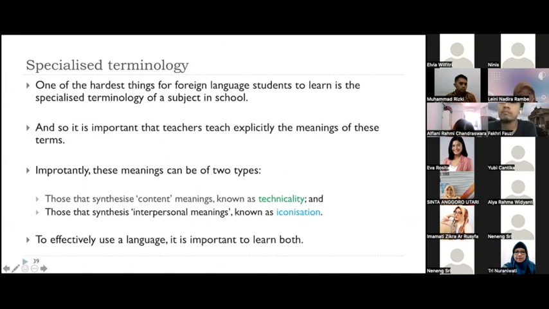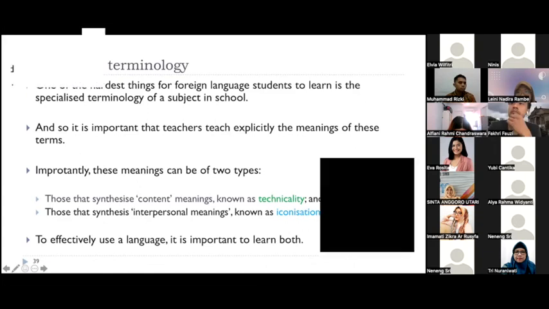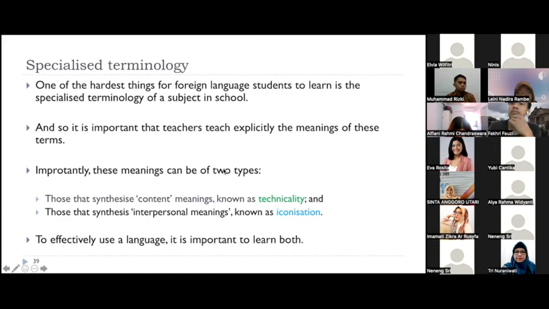As I said, one of the hardest things for foreign language students to learn is the specialized terminology of a subject in school. And so it's important that as teachers, we teach this explicitly. And what I've tried to show is that these meanings, this terminology, can be of two types. There are others, but two types.